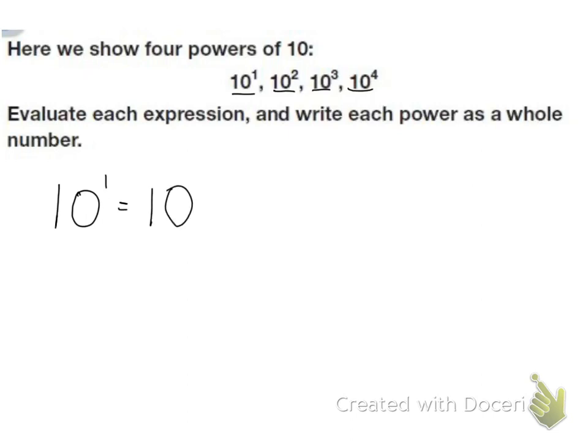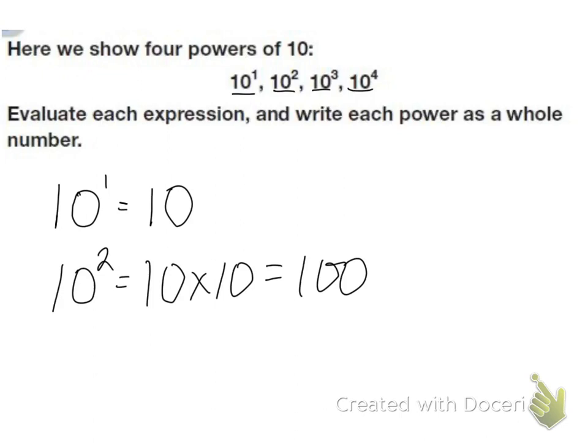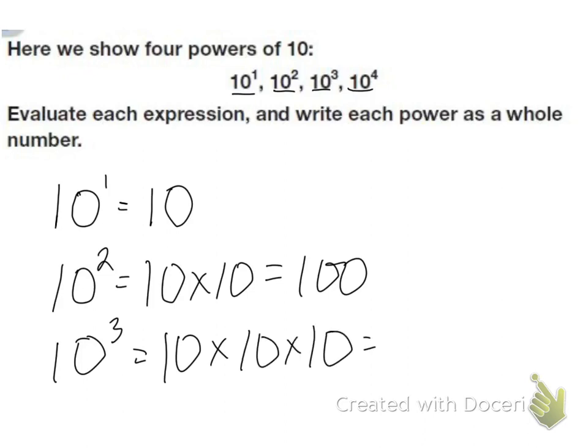10 to the 1st power just equals 10. 10 to the 2nd power would be 10 times 10, which is equal to 100. 10 cubed is the same as 10 times 10 times 10. Well, 10 times 10 is 100, times 10 is 1,000.